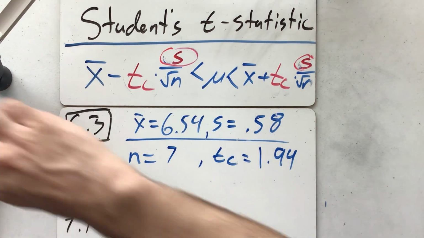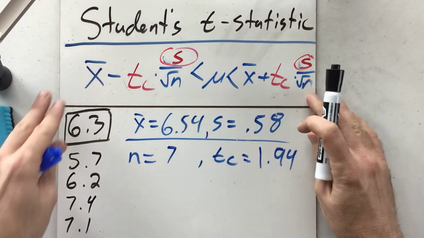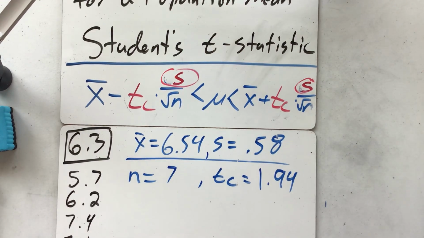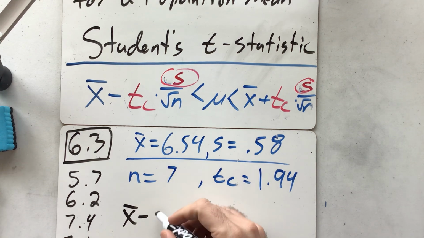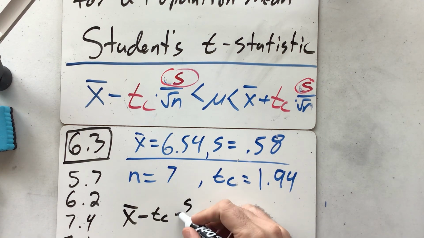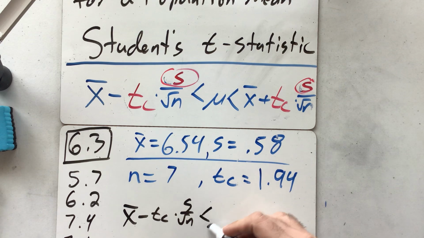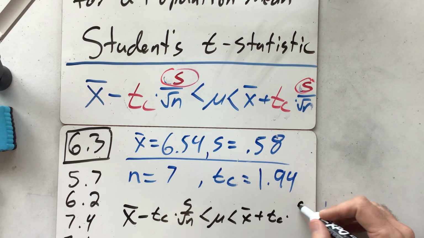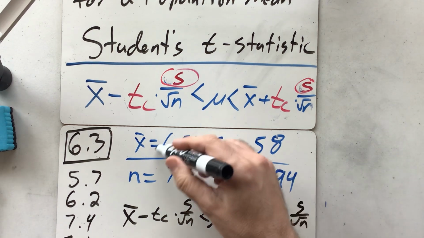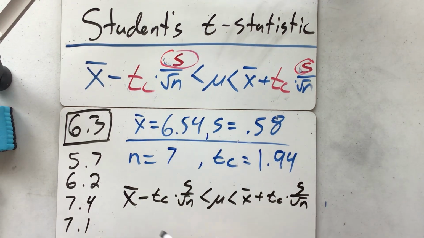Okay, so let's grab our formula, and I'm going to rewrite it real quick, and then I'll put everything into it. So we've got x bar minus t_c times s over the square root of n is less than mu is less than x bar plus t_c times s over the square root of n, and now I just plug those numbers in and come up with my value.